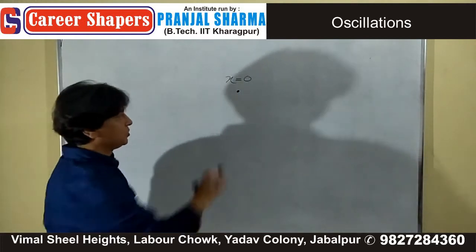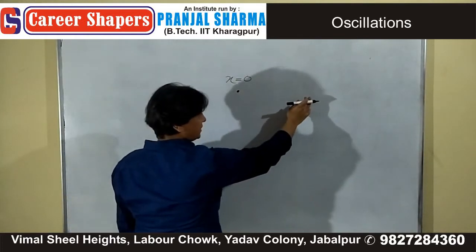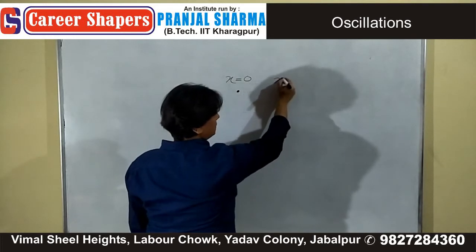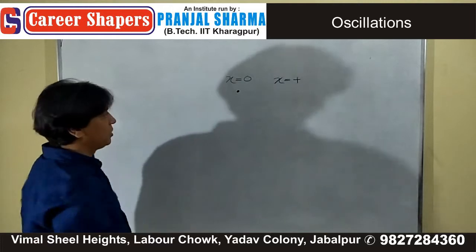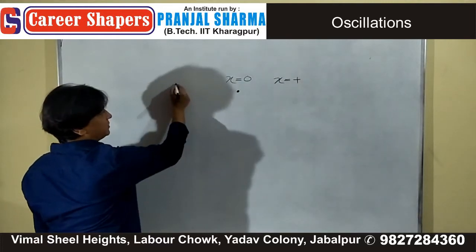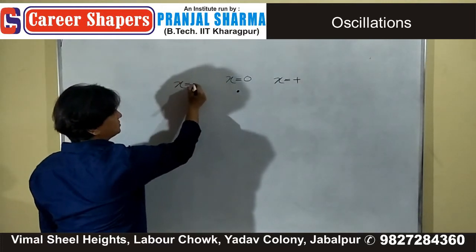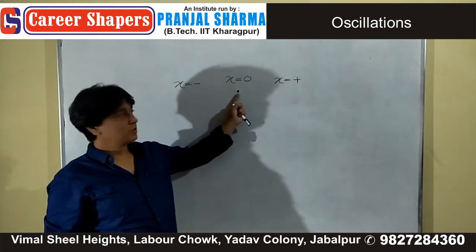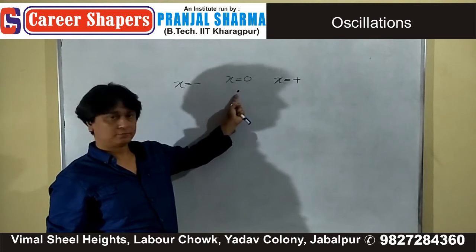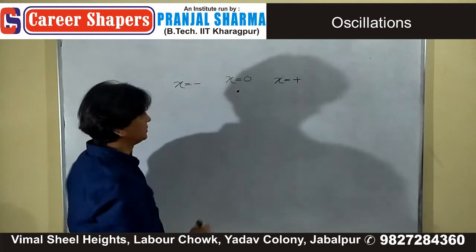If you are on the right hand side, you know that x will be positive. If you are on the left hand side, x will be negative. This point, x equals 0, is origin.